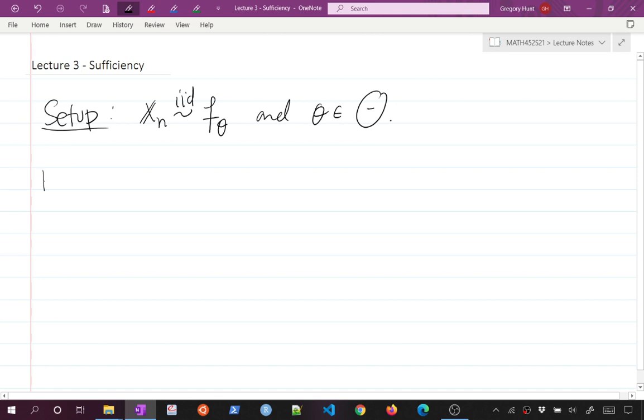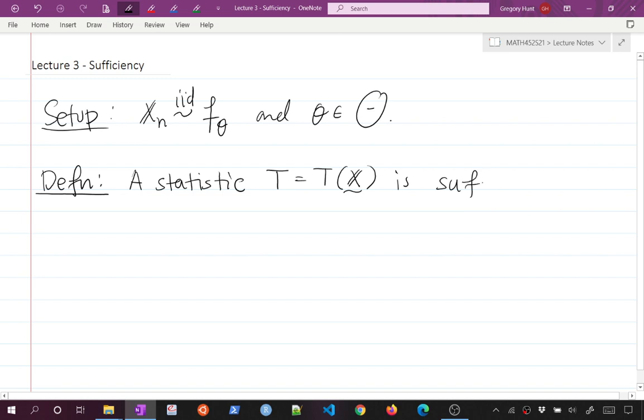Our definition of sufficiency is going to be that a statistic T, or to be more formal, a function T of our x's, is sufficient for our unknown parameter theta if the following is true.